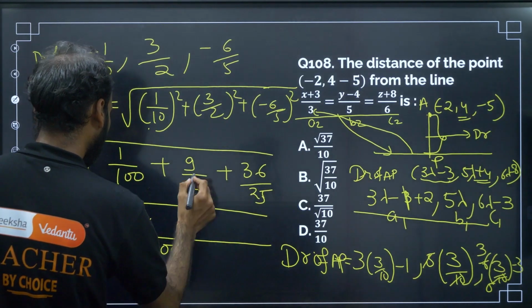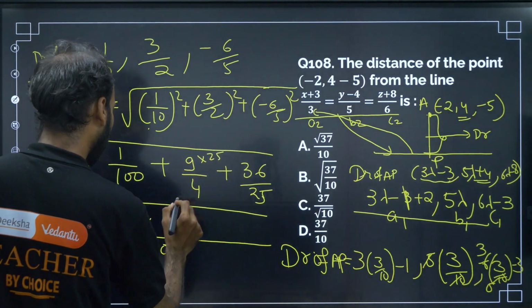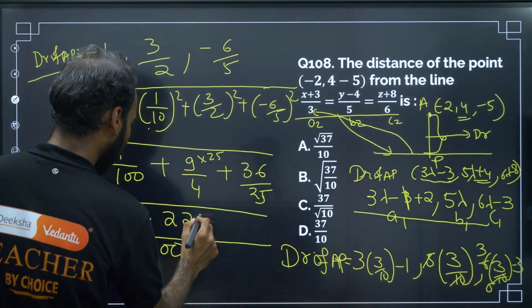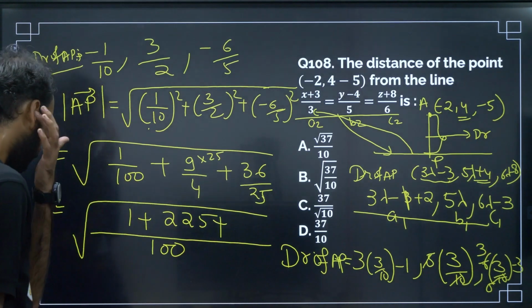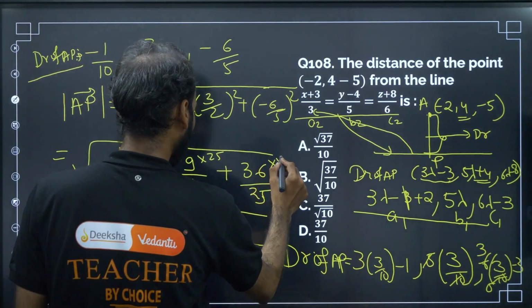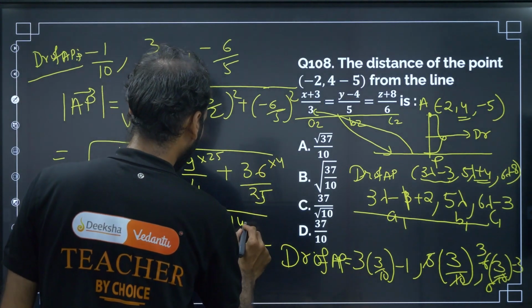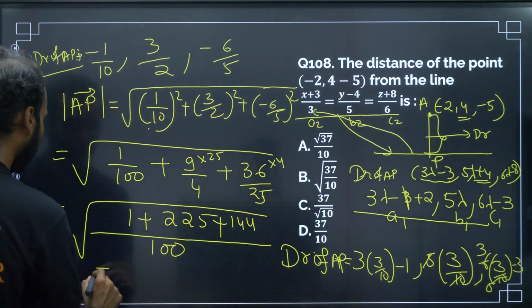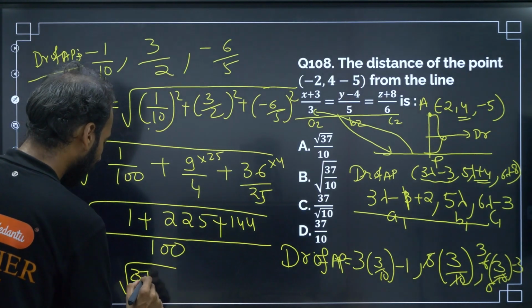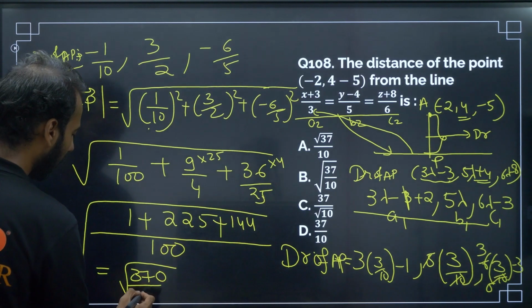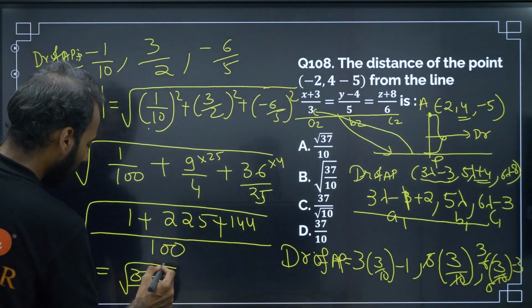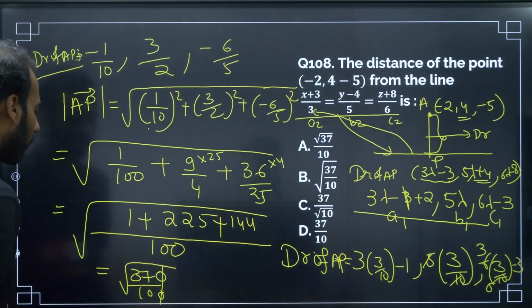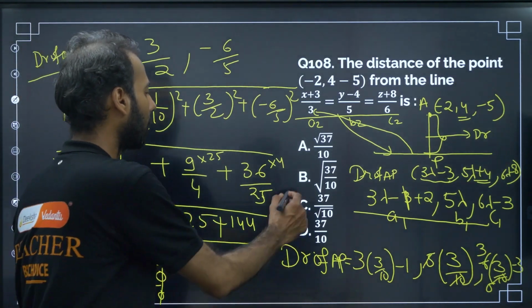Here we have to multiply with 25, here with 4. So the numerator adds up to 370, divided by 100. Cancel the zeros, root of 37 by 10. B option is the answer.